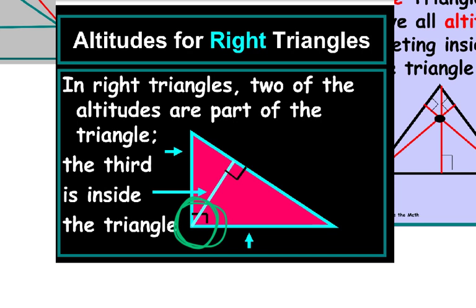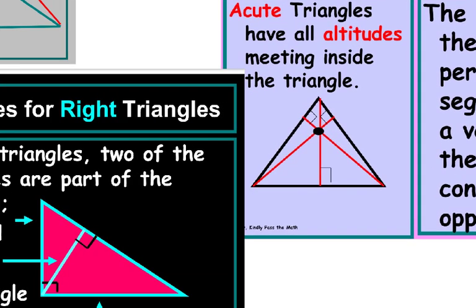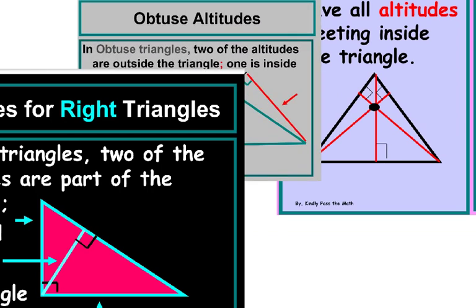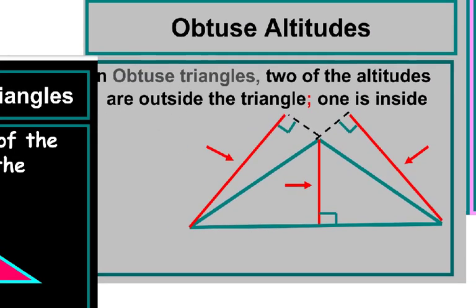So they meet at different places depending on the type of shape it is. So far, right triangles, the orthocenter lays on the corner of the triangle. The acute triangles lay inside, and obtuse, if you can guess, is going to lay on the outside. Because in obtuse triangles, the altitudes are not inside.